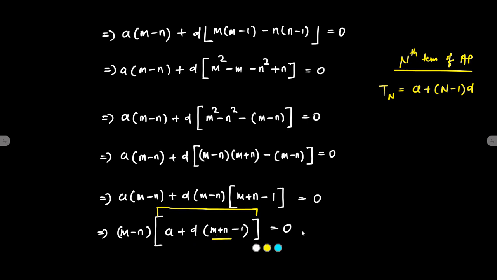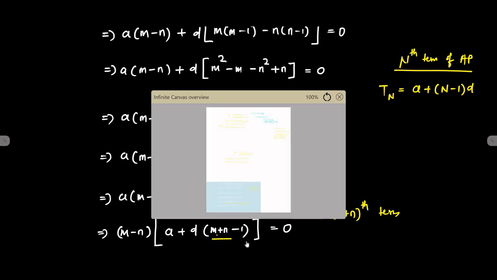We can call this portion the m plus nth term, this expression A plus D into m plus n minus 1.